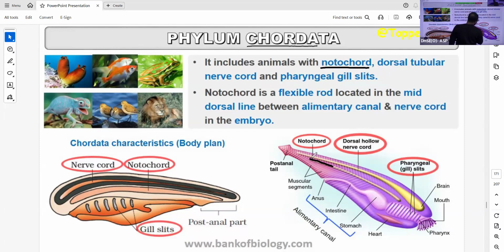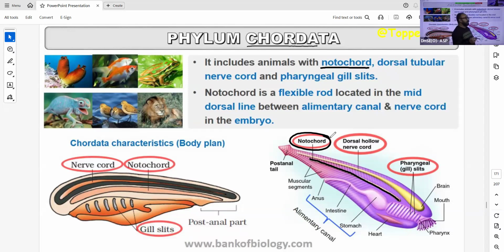So, this is the primary structure because of which we classify chordata and non-chordata. Those who have a notochord, they are chordates. Those who don't have a notochord, they are non-chordates. Clear?